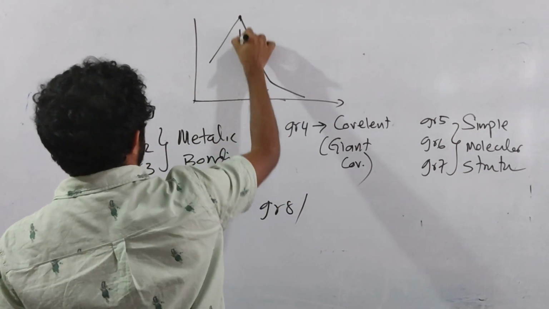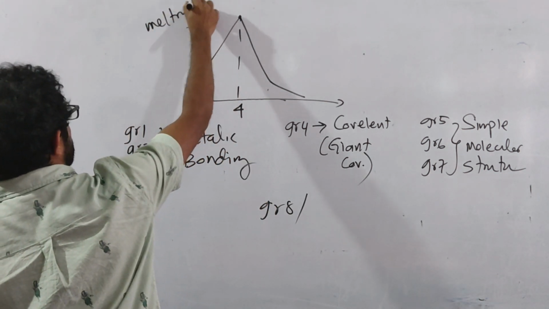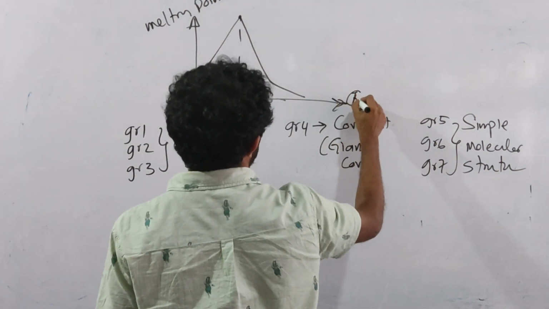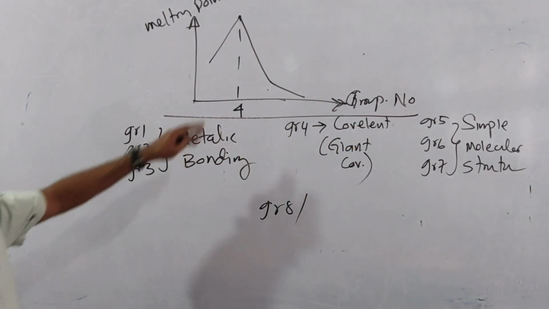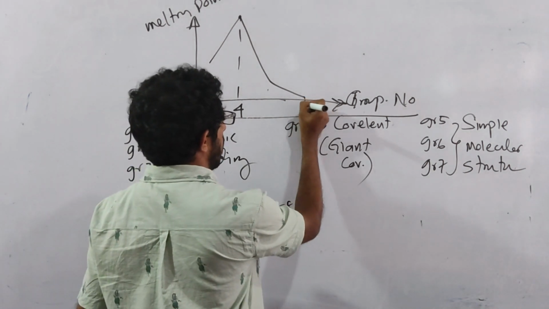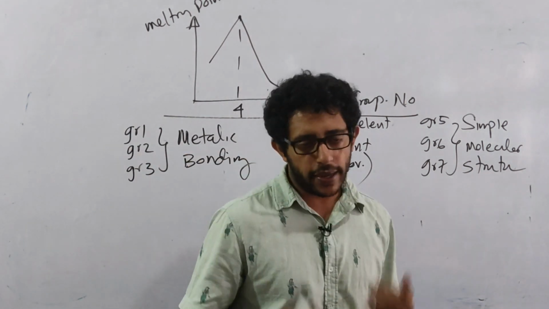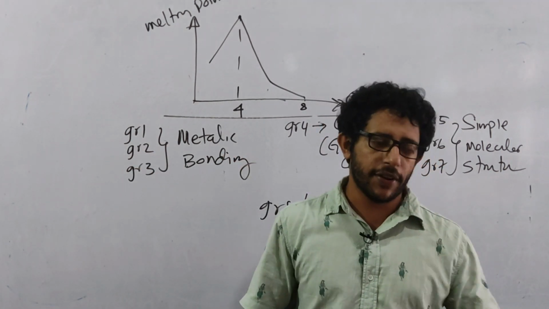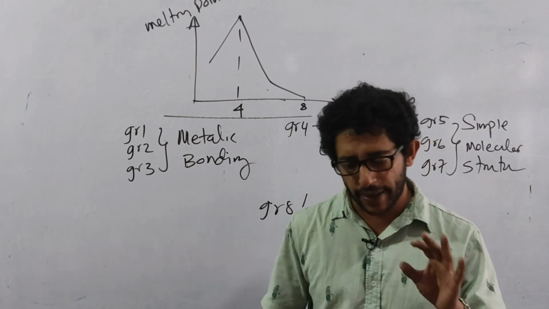This is the melting point axis, and this is the group number. We would see group 4 has the highest and group 8, or group 0, has the lowest. That is the only thing to remember here. This is a very common one.